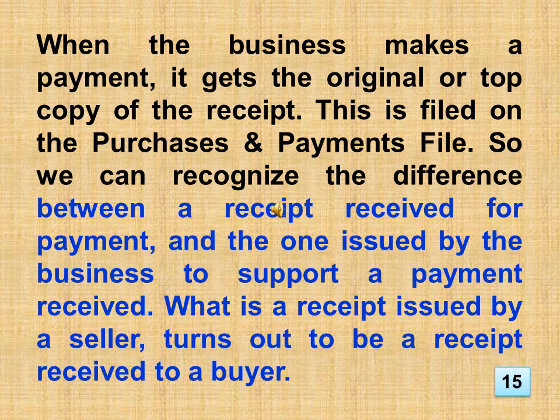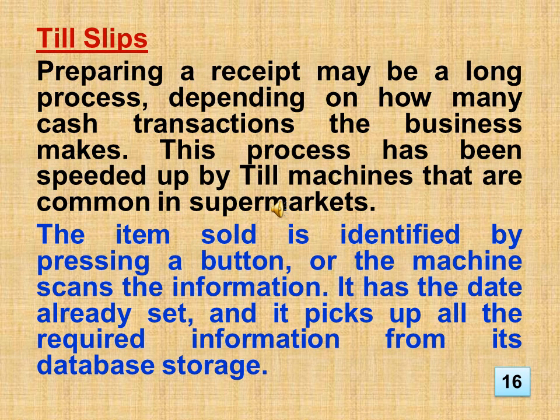Till slips. Preparing a receipt may be a long process, depending on how many cash transactions the business makes. This process has been speeded up by till machines that are common in supermarkets. The item sold is identified by pressing a button, or the machine scans the information.